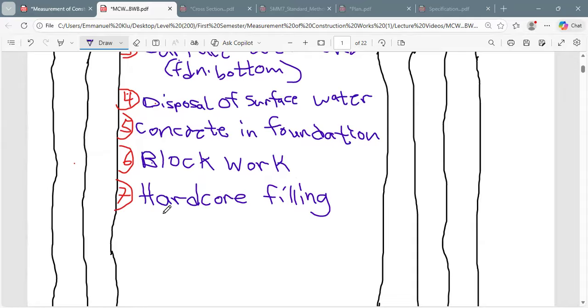Then we'll come and do a surface treatment again. We have to come and do further compaction again, for the floor and all that. This is 8. And then we come to the 9th one.